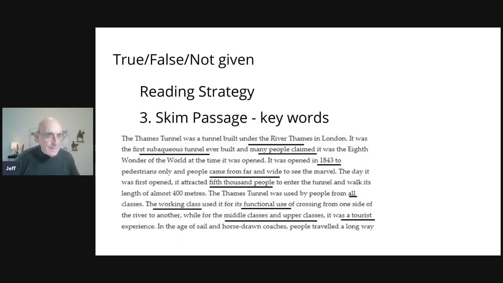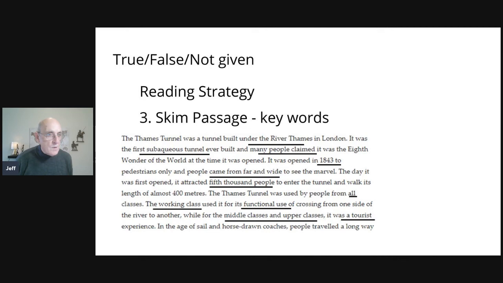So now, I'm becoming more and more sure that I'm in the right place to find the answers I'm looking for. And then I keep going and I come to the next line. At the end of the last line, I start seeing something about different classes of people, all classes, the working class, middle classes, upper class, and why they use the tunnel.